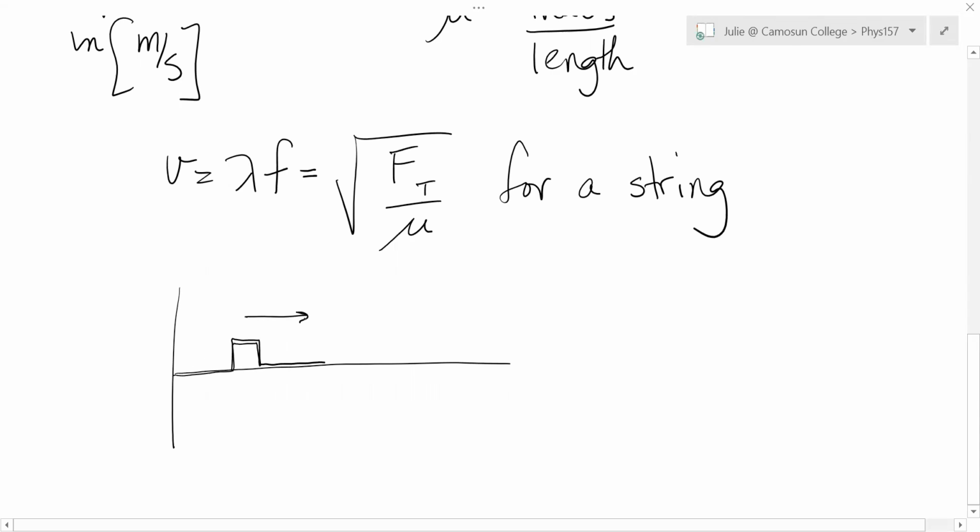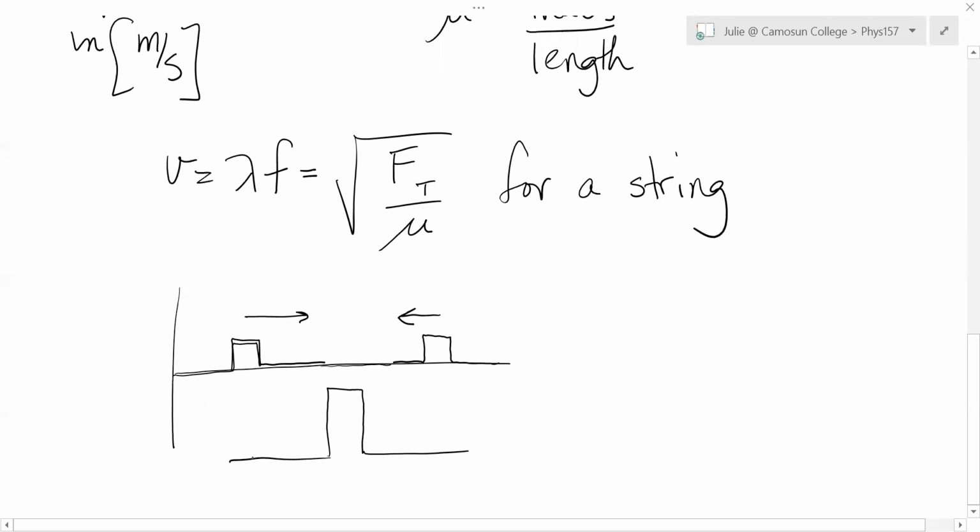Now, this is pretty theoretical because it's pretty hard to get a string to look like that. However, if someone created that pulse traveling to the right, and then someone created exactly the same pulse traveling to the left, when these pulses meet up, you're going to get a pulse twice the height.